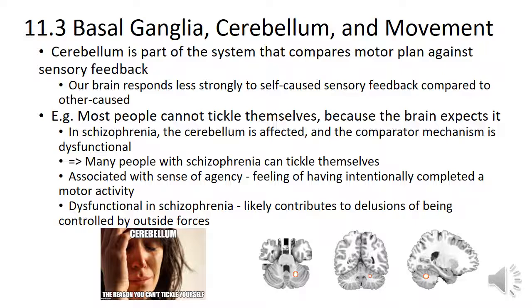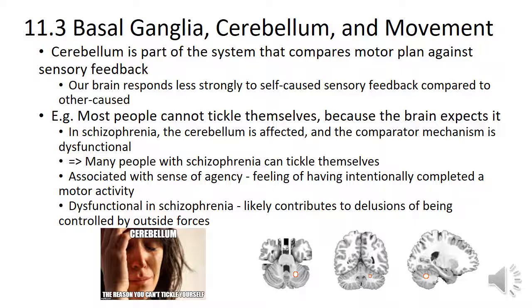And as this comparison is associated with a sense of agency, or feeling of having intentionally completed a motor activity, this dysfunctional comparator mechanism has been implicated as a possible reason that people with schizophrenia have delusions of being controlled by outside forces.